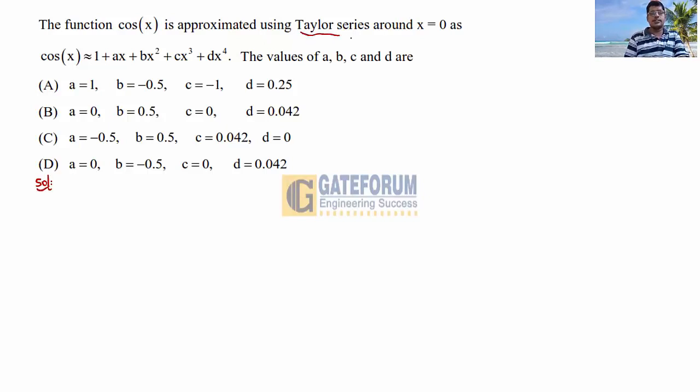So this is Taylor series around x equal to 0. The other name for Taylor series around x equal to 0 is called Maclaurin's series.